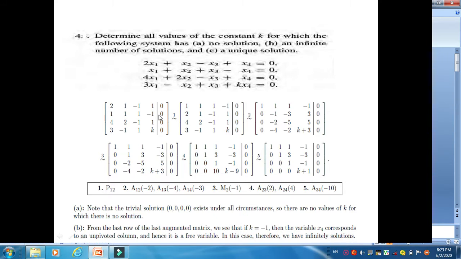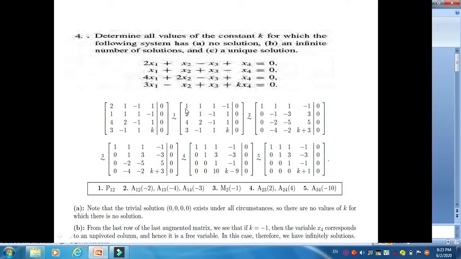In order to get ref, we permute row number 1 and row number 2. That is the permutation operation P12. So we obtain 1 1 1 minus 1 0. Now we have that 1 as a key element, and by using that row we may convert that 2 to 0. So here we have to apply the addition operation.